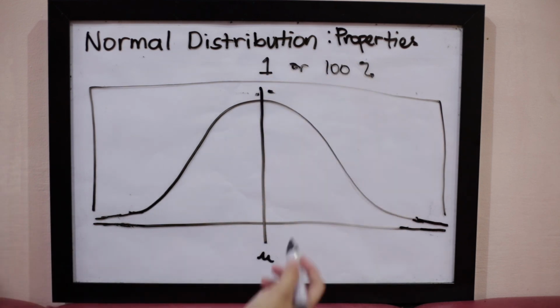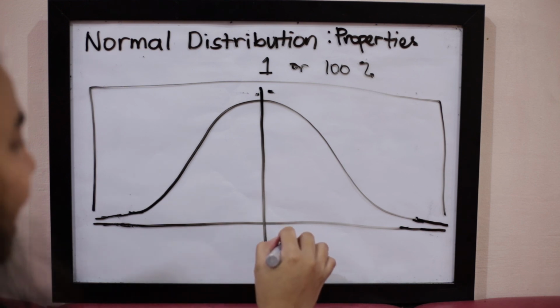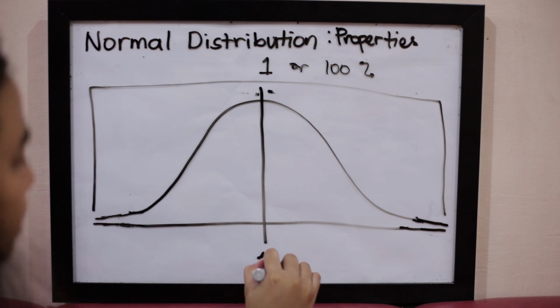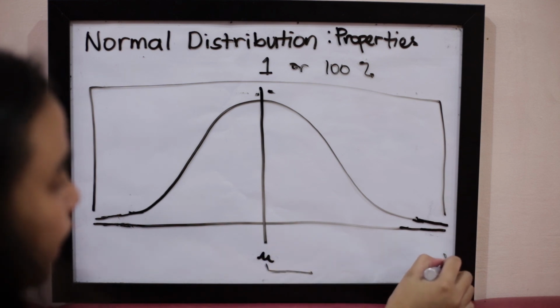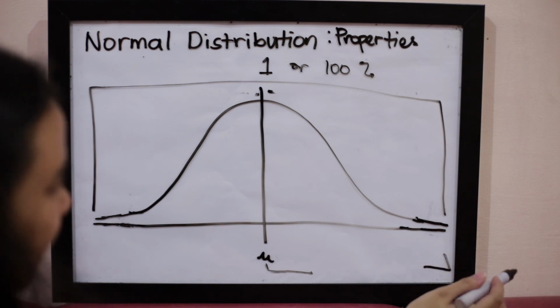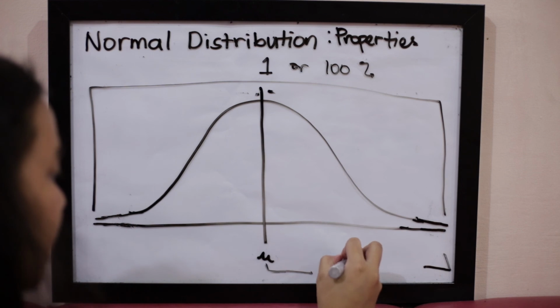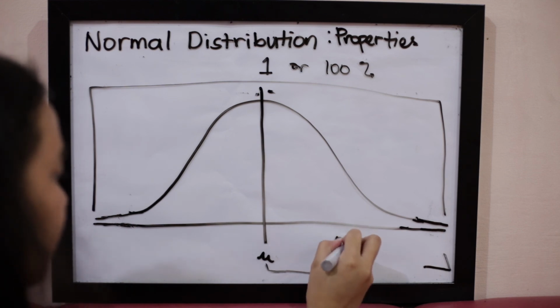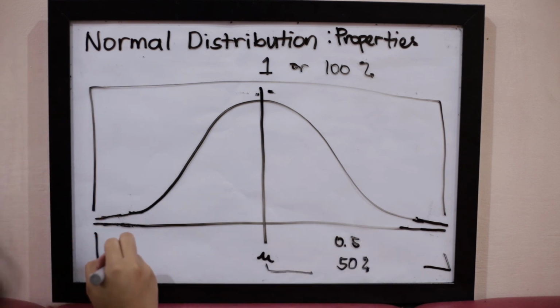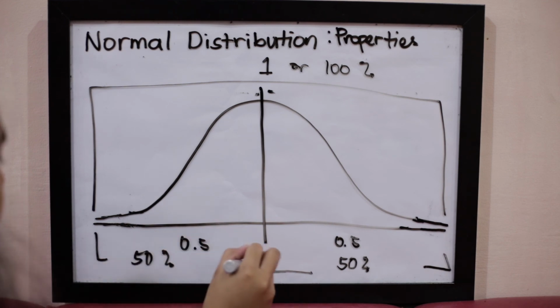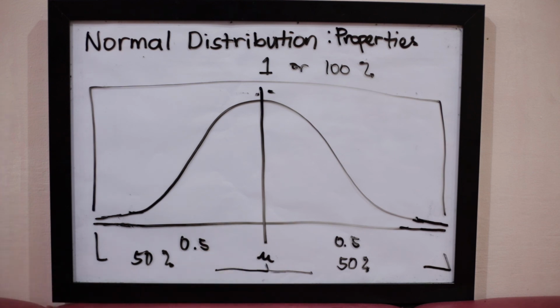And obviously, if we take half of this, meaning the area from the mean up to the right end of this normal curve, it is 50% or 0.5. This other end is also 50% or 0.5. Kindly take note of these numerical values because we will use them in solving problems under normal distribution.